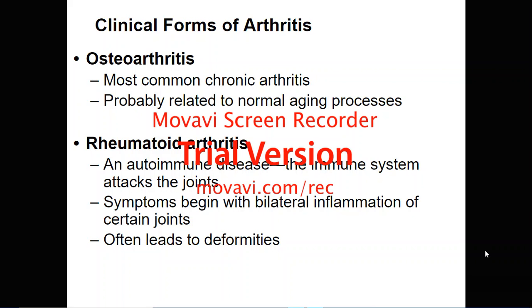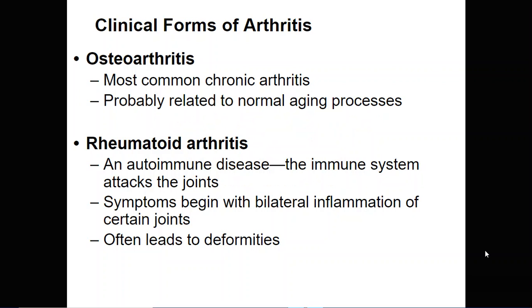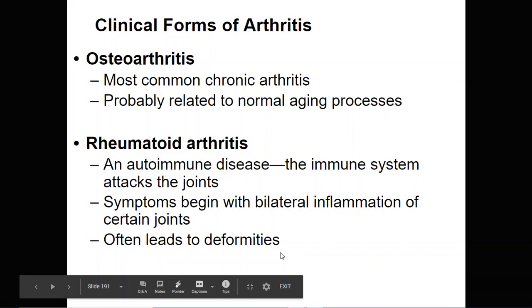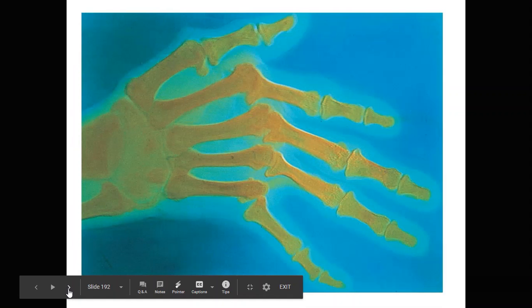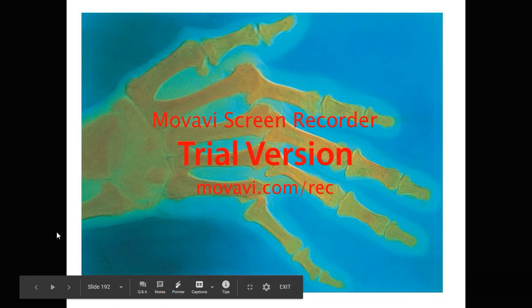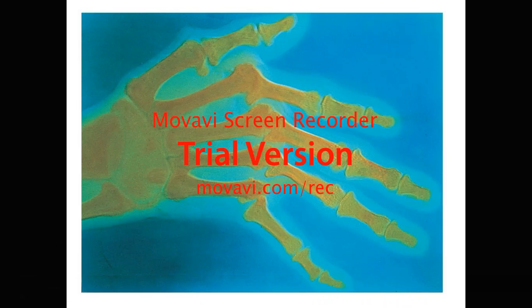It's not as common as osteoarthritis, but it affects millions of people, about 1% of all people. And usually rheumatoid arthritis leads to deformities. This next slide is an image of rheumatoid arthritis. You can see the deformities.